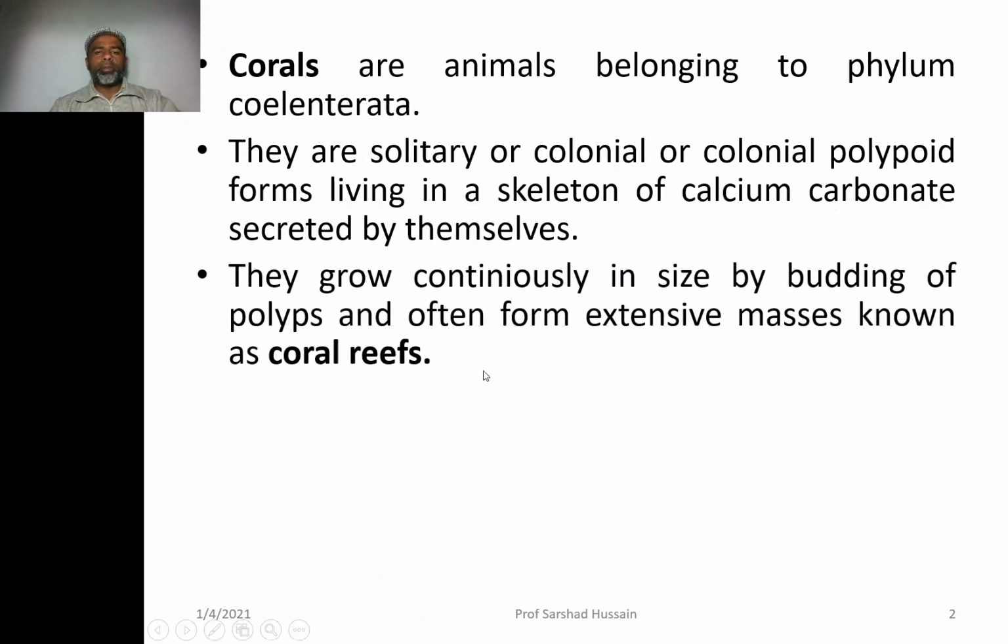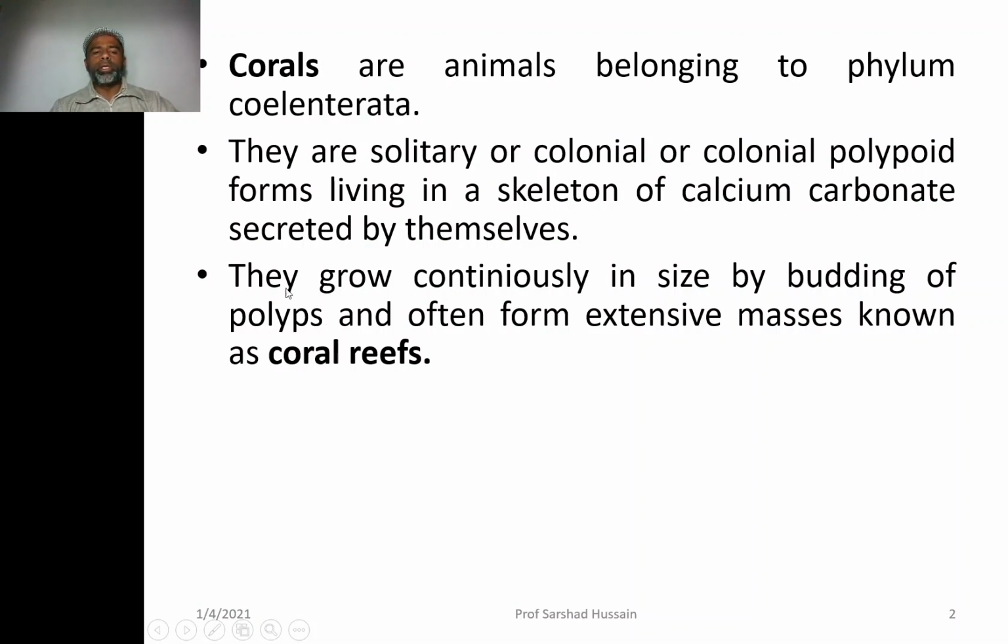So basically, what happens when the coelentrates, particularly the polypoids, because the polypoids are sedentary, they remain attached with the substratum. They don't move from one place to other. Once they attach with the substratum, they grow continuously in size by budding of polyps.